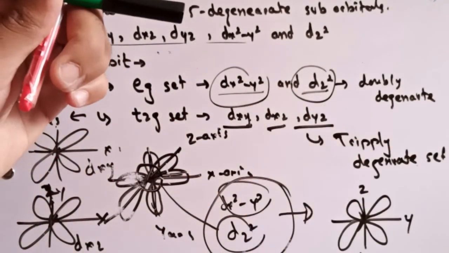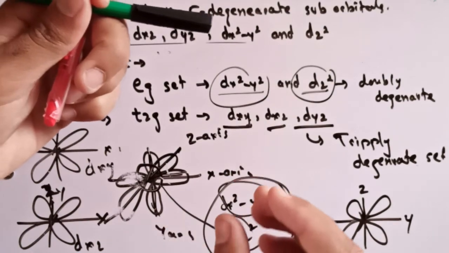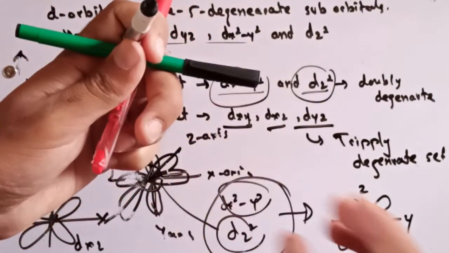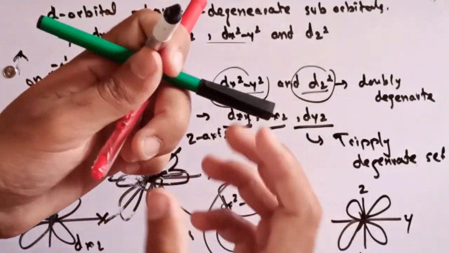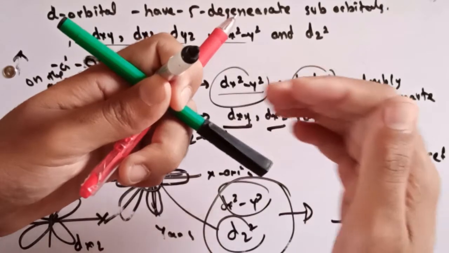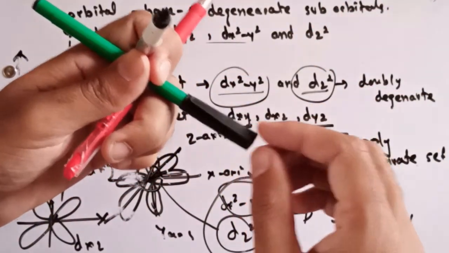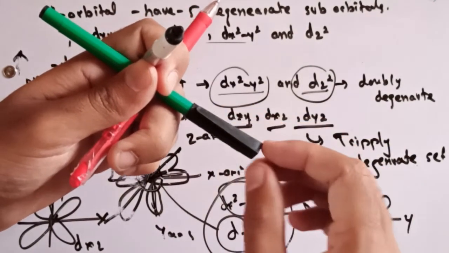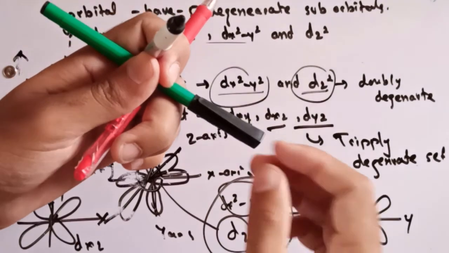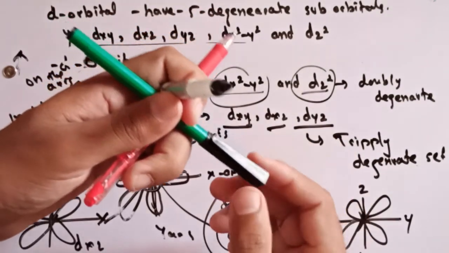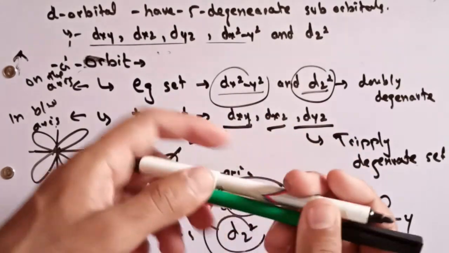In a tetrahedral structure, if the ligands approach in between the axes, the t2g set energy will be high, increased, while the orbitals lying on the axes cannot completely face the ligands, so their energy will be decreased. That is the grouping of the orbitals.